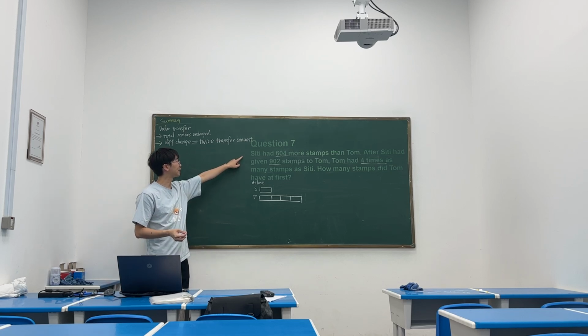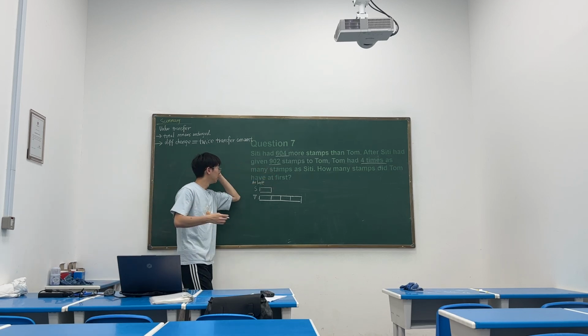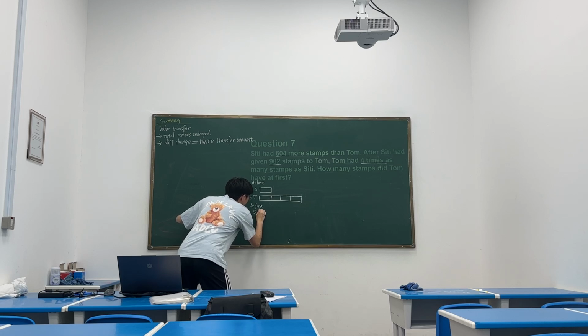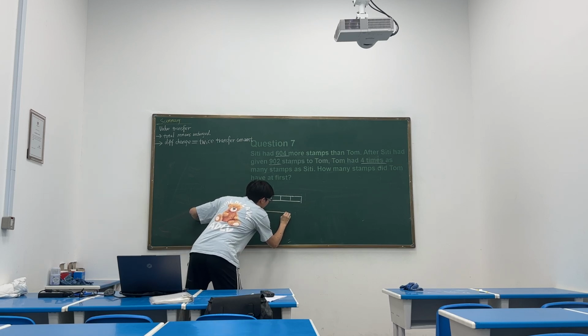Because Cindy had given 902 to Tom. So at first, Cindy had some more than Tom.